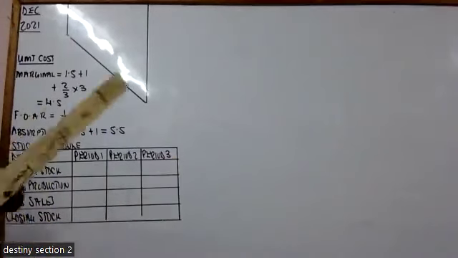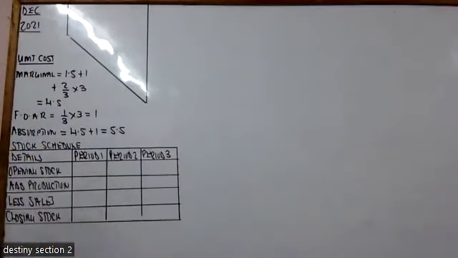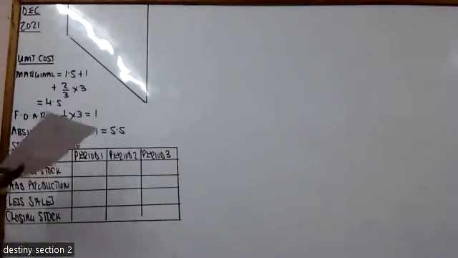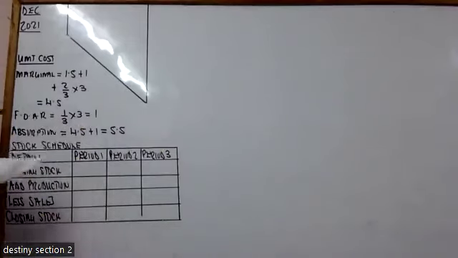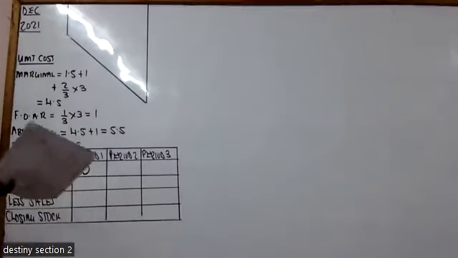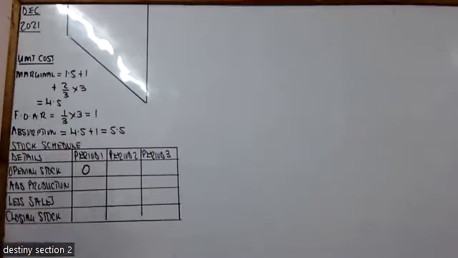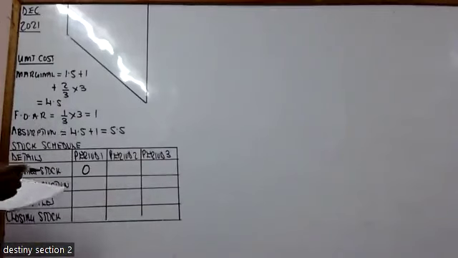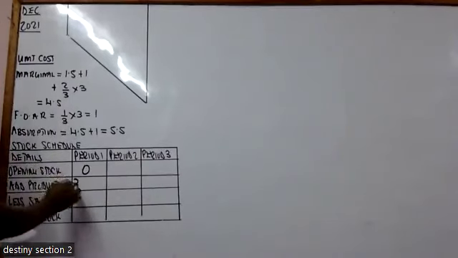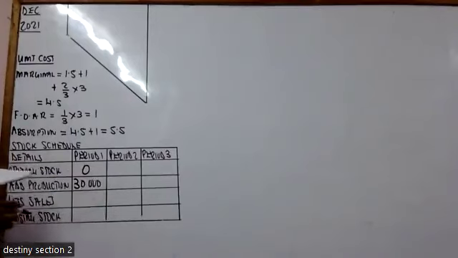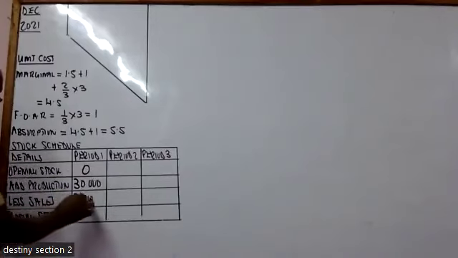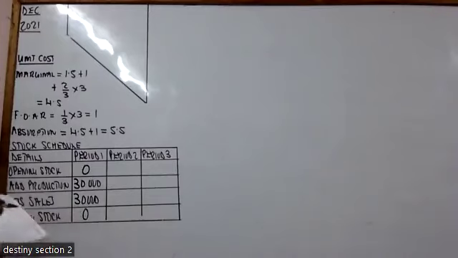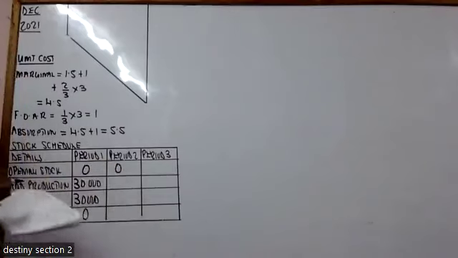Now we have the units. For period 1, the opening stock we are told is 0. Production is 30,000 and sales is 30,000, so that gives us a 0. The opening stock in the second period must be 0 because the closing here is the opening here.